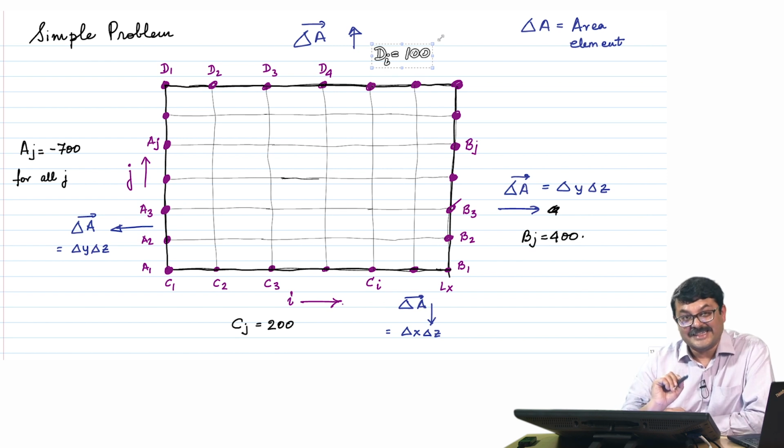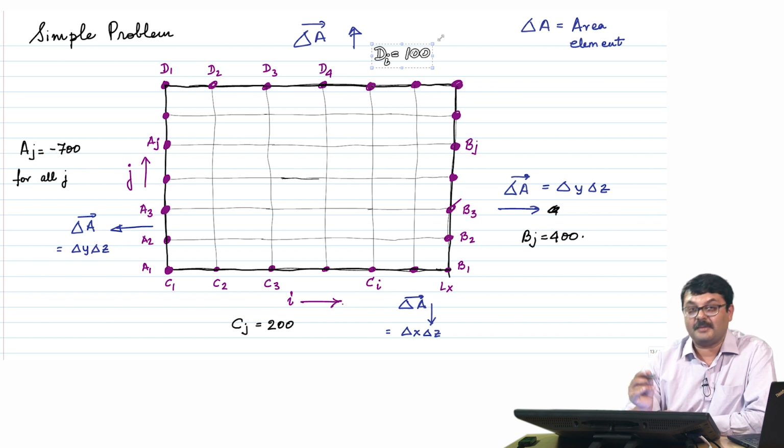Now, in steady state, once the temperature has finalized, it does not change as a function of time, so basically there is no net heat inflow into the system. That is what you have specified this for.